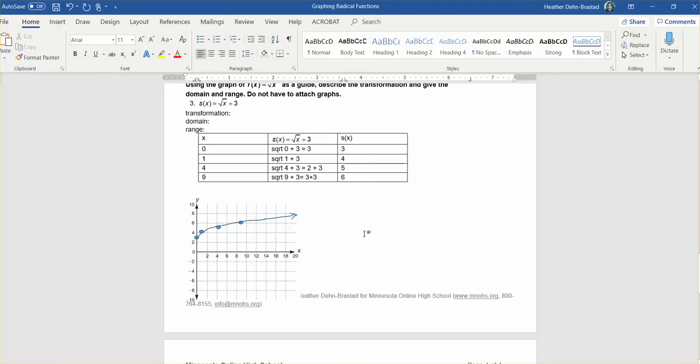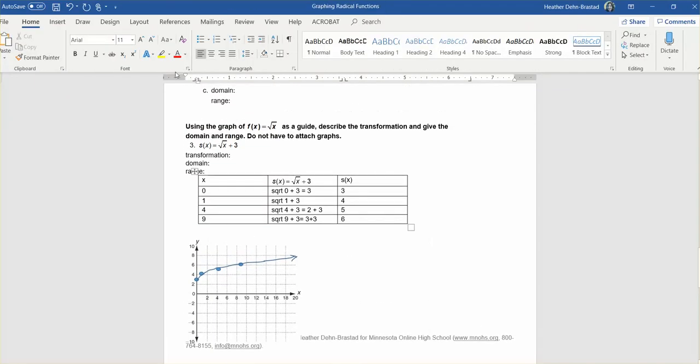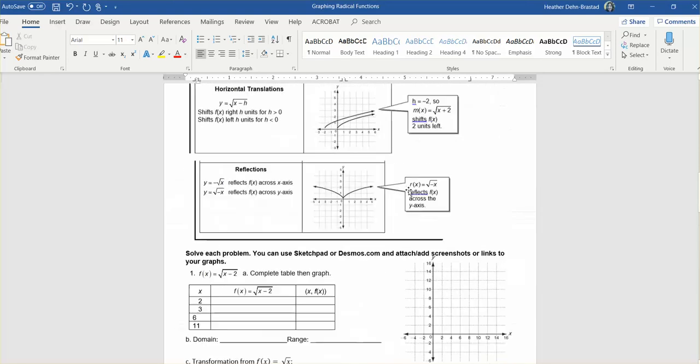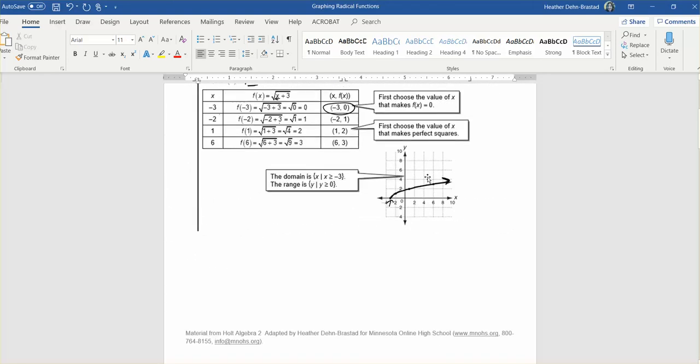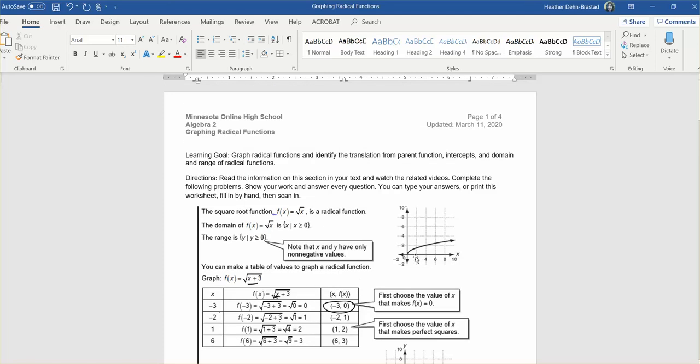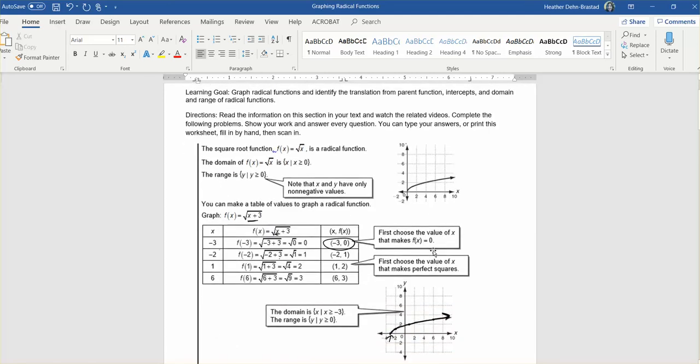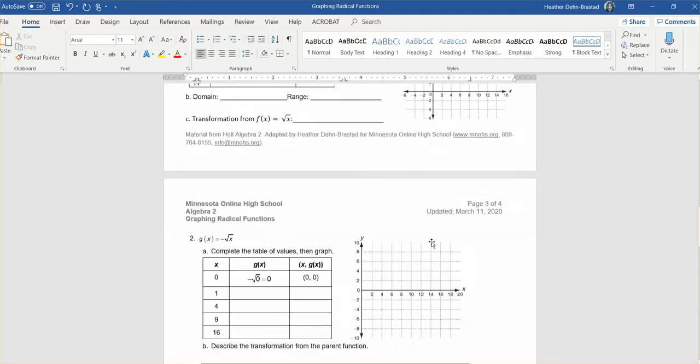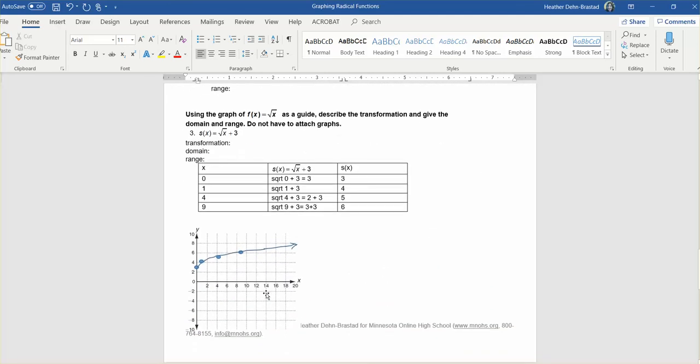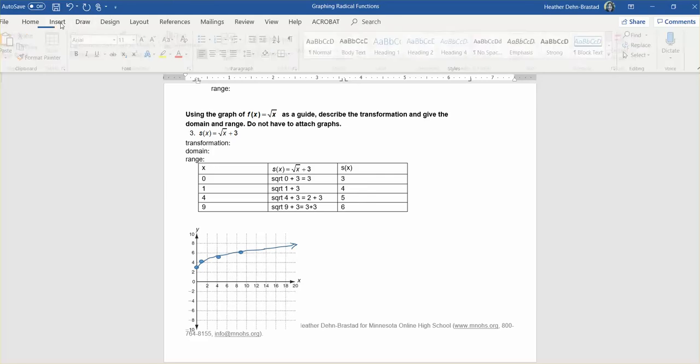And then it says, using the graph of f of x equals the square root of x, that is your parent function, which was right here. Oops, not that one, this one. So how has this one been changed? It has moved up because the parent function, let me draw that again.